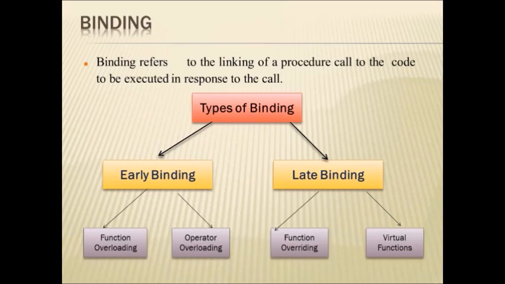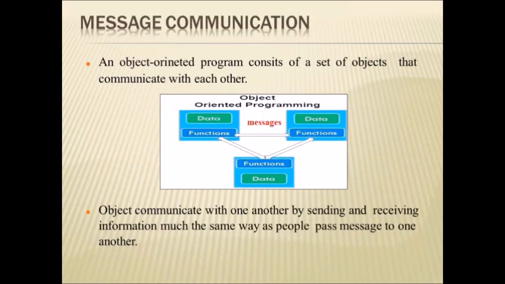That is the case. And one more important one is the message communication system. How are objects communicated? The objects are communicated in the form of messages. That is, the objects communicate with one another by sending and receiving information in the same way as people pass messages to one another.